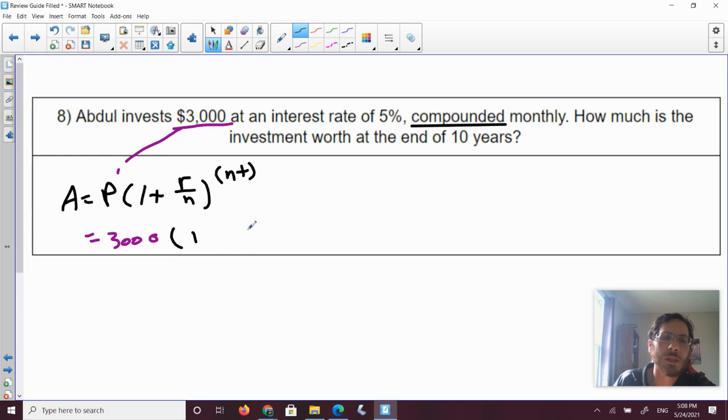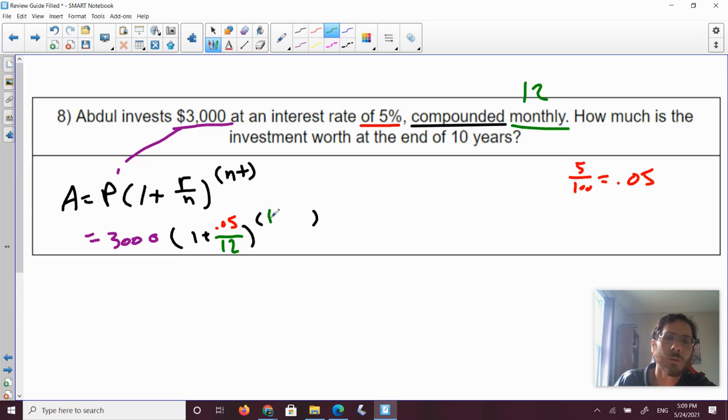The 1 never changes, so we'll just put the 1 in the equation right here. R is the interest rate. Interest rate is 5%, so we're going to say that that's 0.05, because remember 5 over 100 is 0.05. N is the number of divisions, so we're compounding monthly, so we're going to do 12 divisions. We'll put 12 for both of the N's. And then time is years, which is going to be 10.